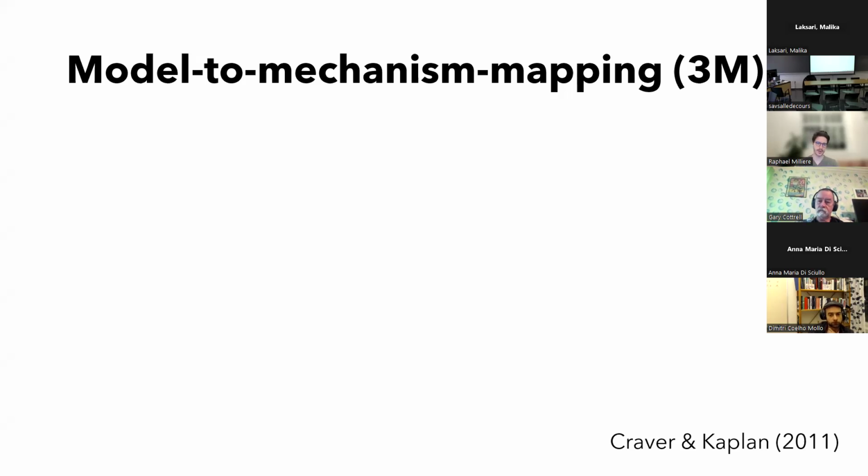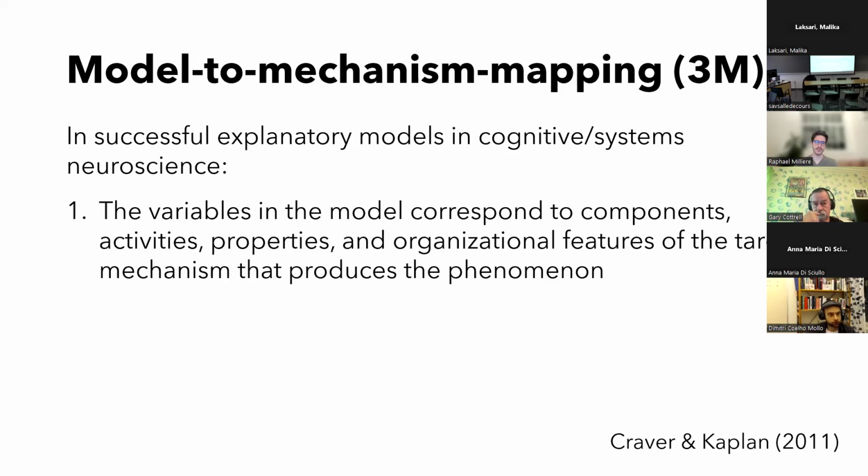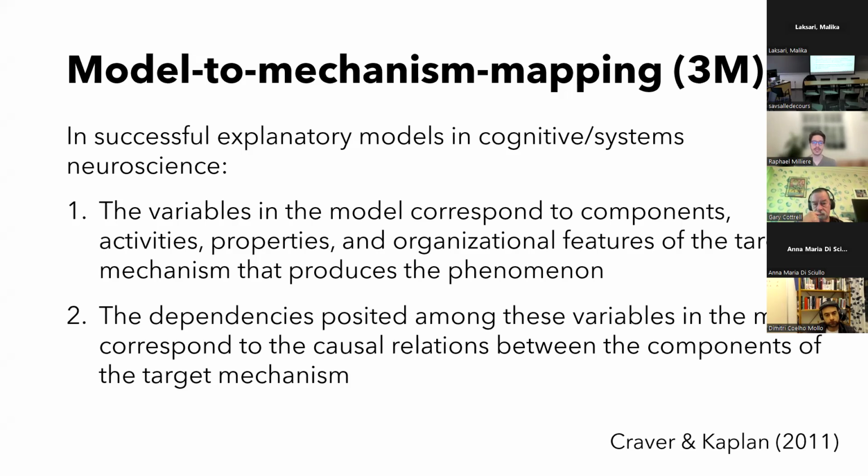So here is how they frame their constraints. In successful explanatory models in cognitive neuroscience or systems neuroscience, first, the variables in the model correspond to components, activities, properties, and organizational features of the target mechanism that produces the phenomenon. And secondly, the dependencies posited among these variables in the model correspond to the causal relations between the components of the target mechanism.